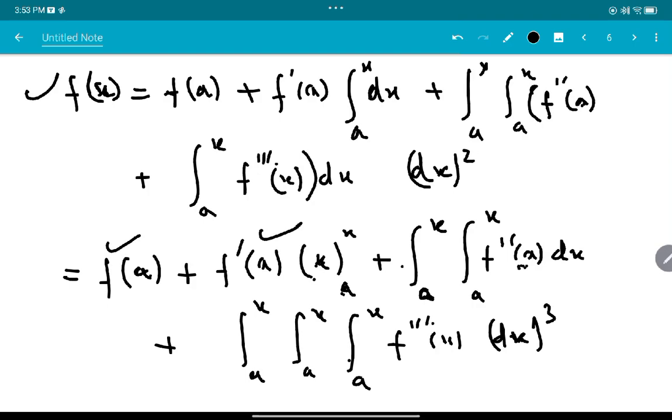Actually, originally it was correct. When I had written it as dx square, it was actually correct. That means this dx square was common to both. You can check it easily. No problem.